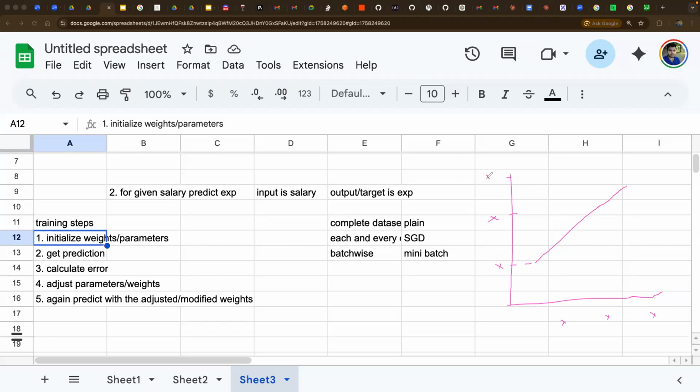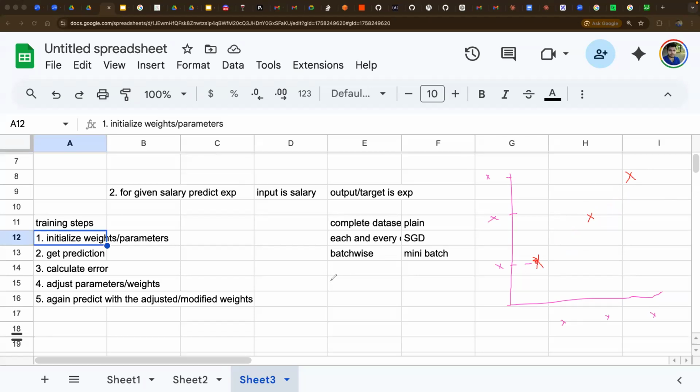What I can do is take this point and remove the line, because we don't have the line yet. What we have is only these data points. This is for this experience, this is the salary, so this is the coordinate point that I have come up with.